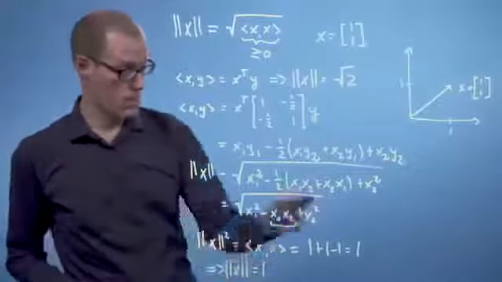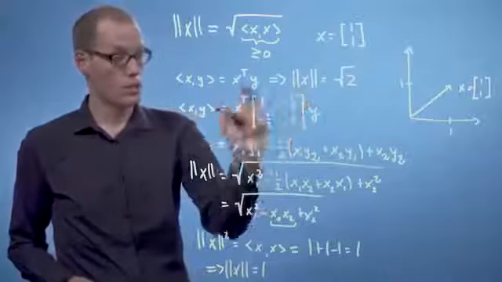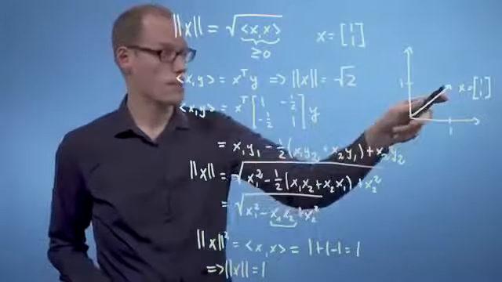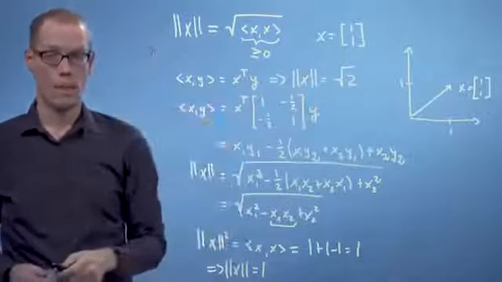And 1 in this case would be the length of the vector using this unusual definition of an inner product, whereas the same vector would be longer had we used the dot product up here.